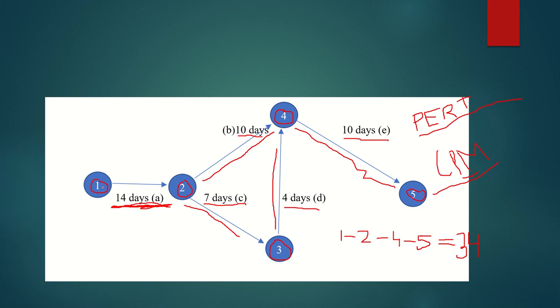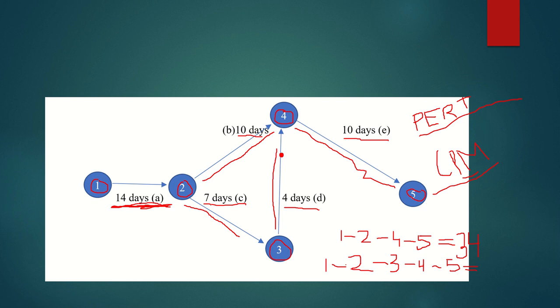Another path is 1 to 2, 2 to 3, 3 to 4, and 4 to 5. This is another path which we have identified in this network.